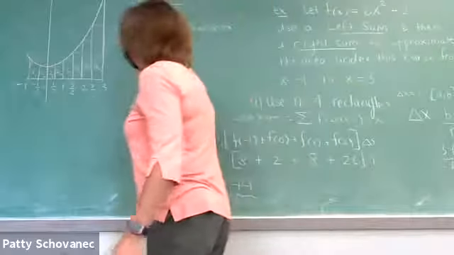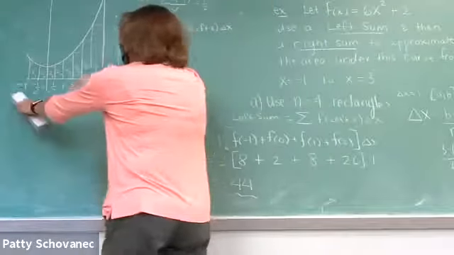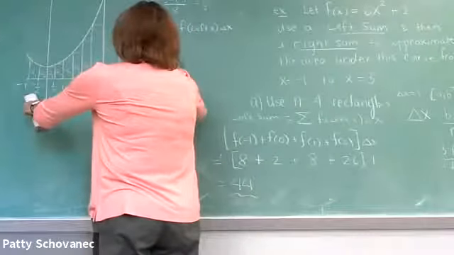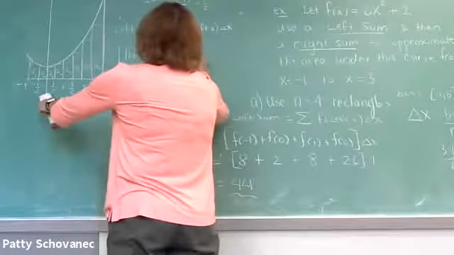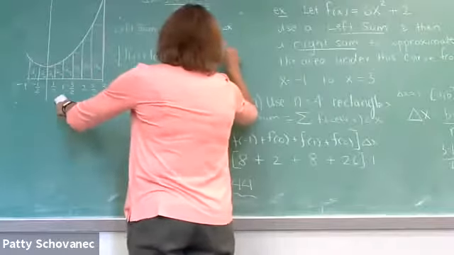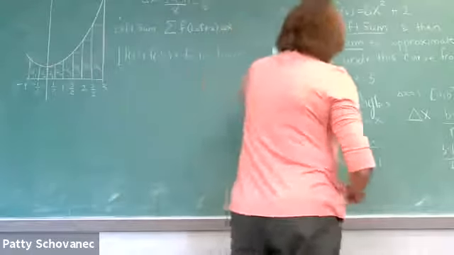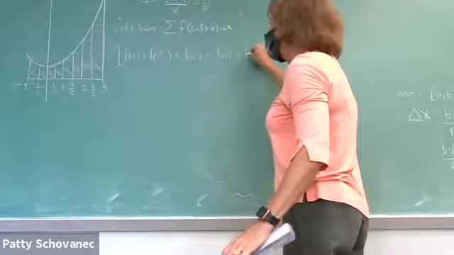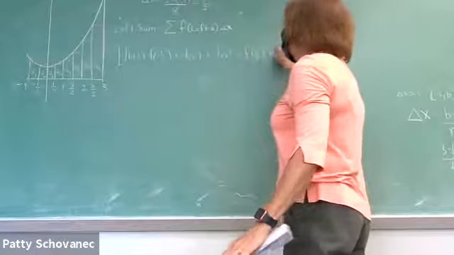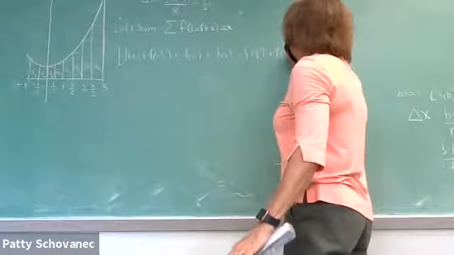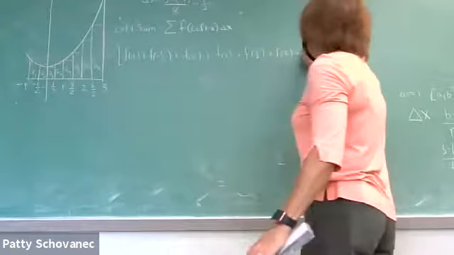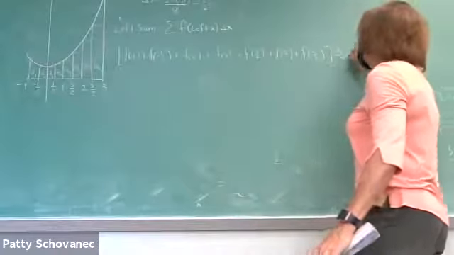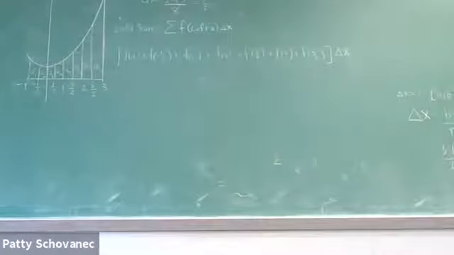And so the numbers I need are, again, f of -1, f of -1/2, f of 0, f of 1, f of 3 halves, f of 2, and then finally f of 5 halves. All of that multiplied by the width, which in our example is going to be 1/2.